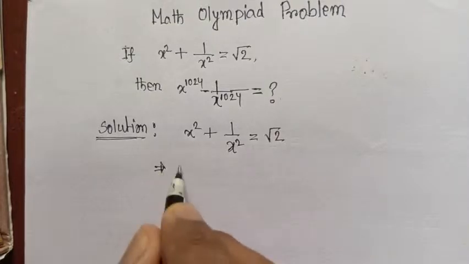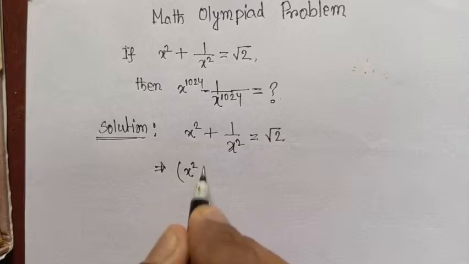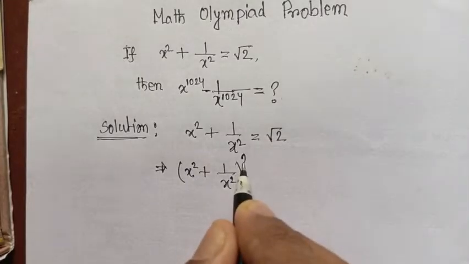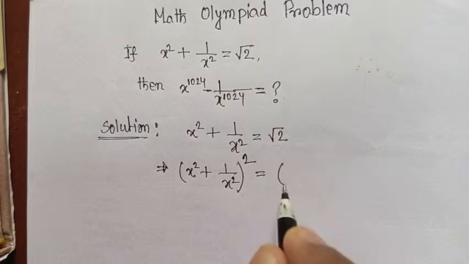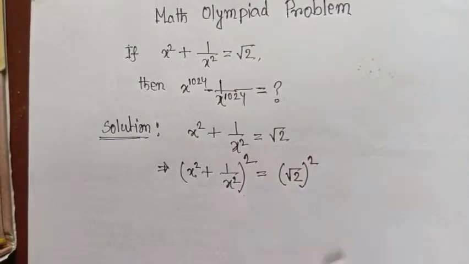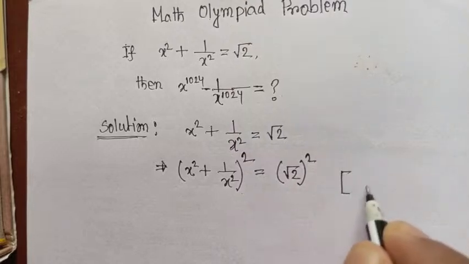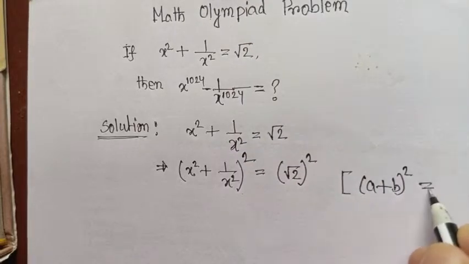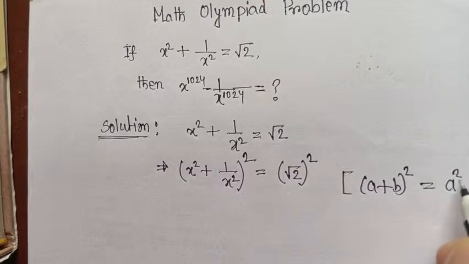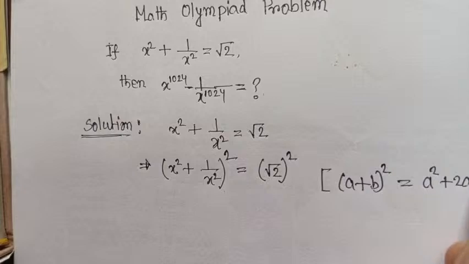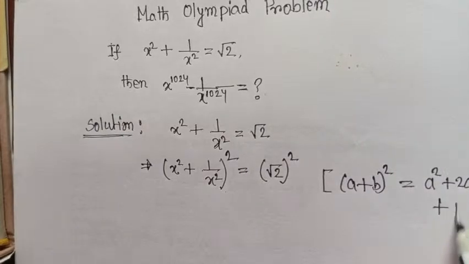Hence we get x square plus 1 by x square, whole square, is equal to root over 2 square. Now we know a plus b whole square is equal to a square plus 2ab plus b square.